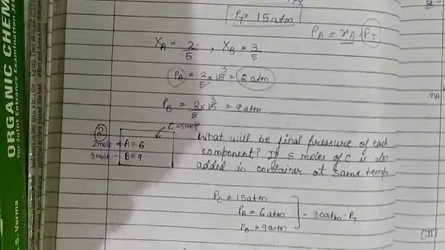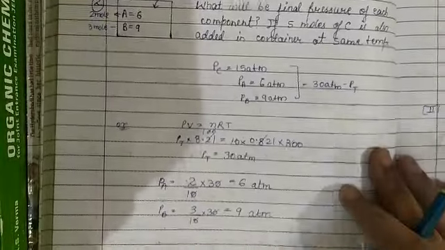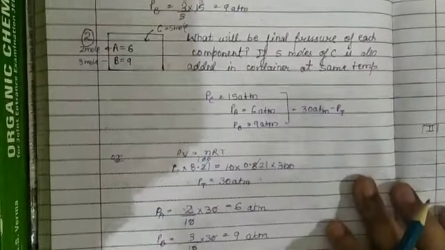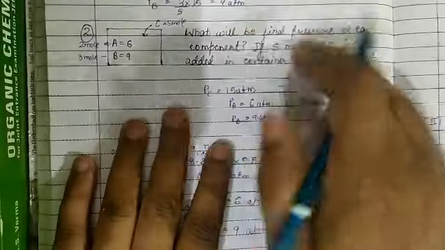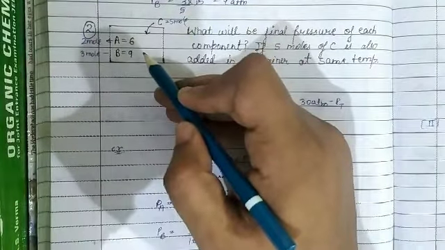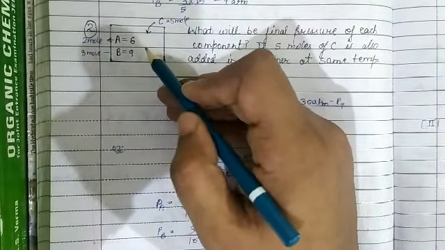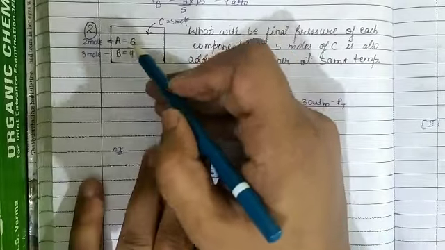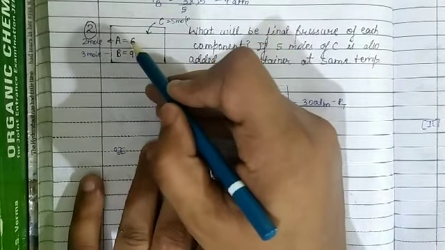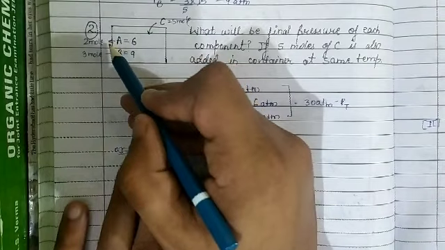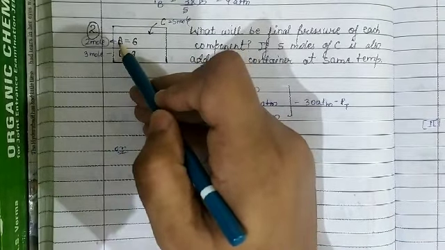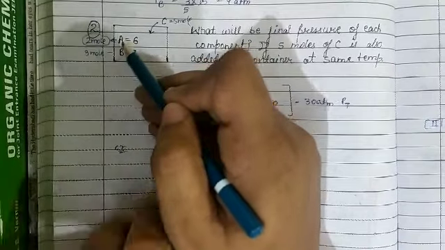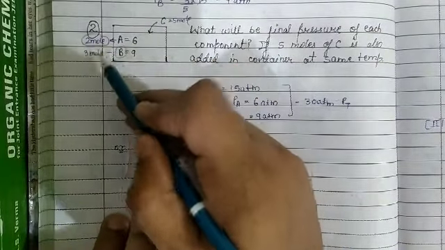See the next question. The next question is: a container containing two gases. In the container, the number of moles of gas A is given 2 mole and the number of moles of gas B is given 3 mole.